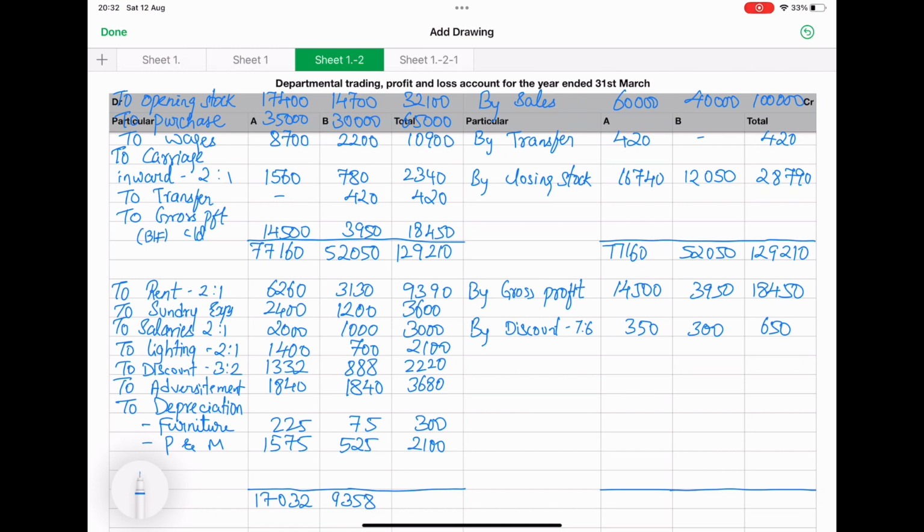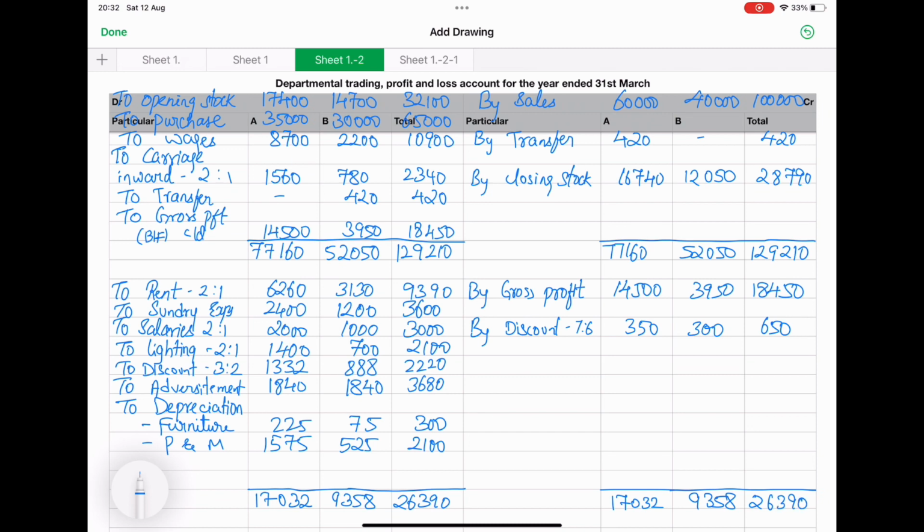Total will be 26,390. Same will be written on the credit side: 17,032, 9,358 and 26,390.